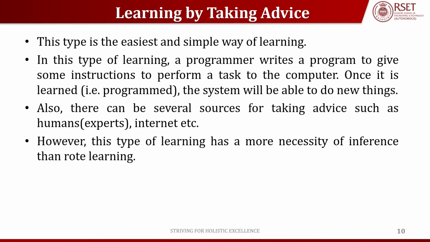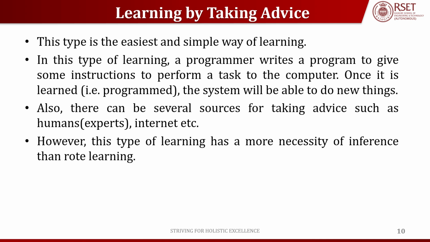Next type of learning is learning by taking advice. This type is the easiest way of learning. In this type of learning, a programmer writes a program to give instructions to the computer in order to perform a task. Once it is learned, the system will be able to do new things.